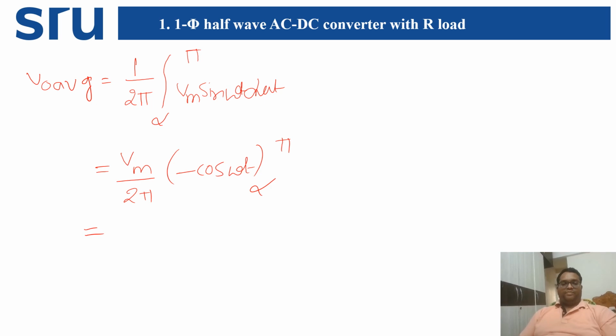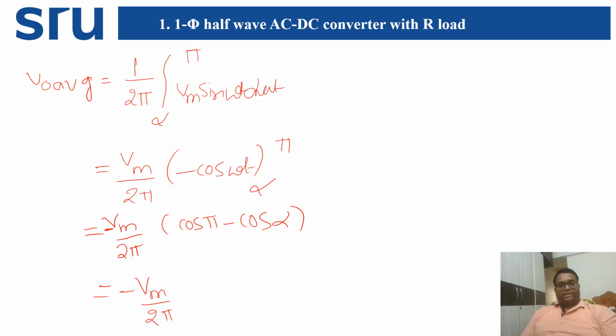Now, what is happening here? Vm by 2 pi, taking the minus common, minus Vm by 2 pi times cos pi minus cos alpha, as we apply the integration. Then minus Vm by 2 pi times cos 180, which is minus 1, minus cos alpha.